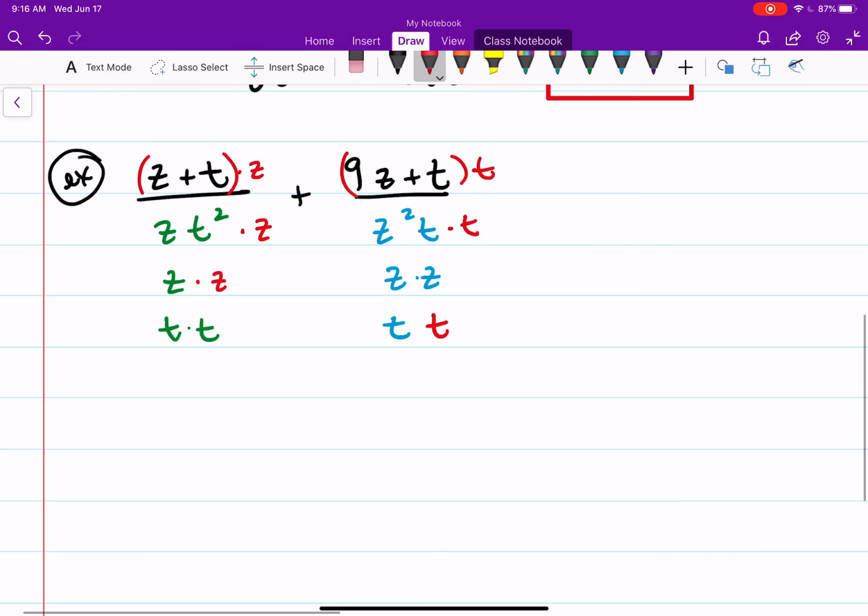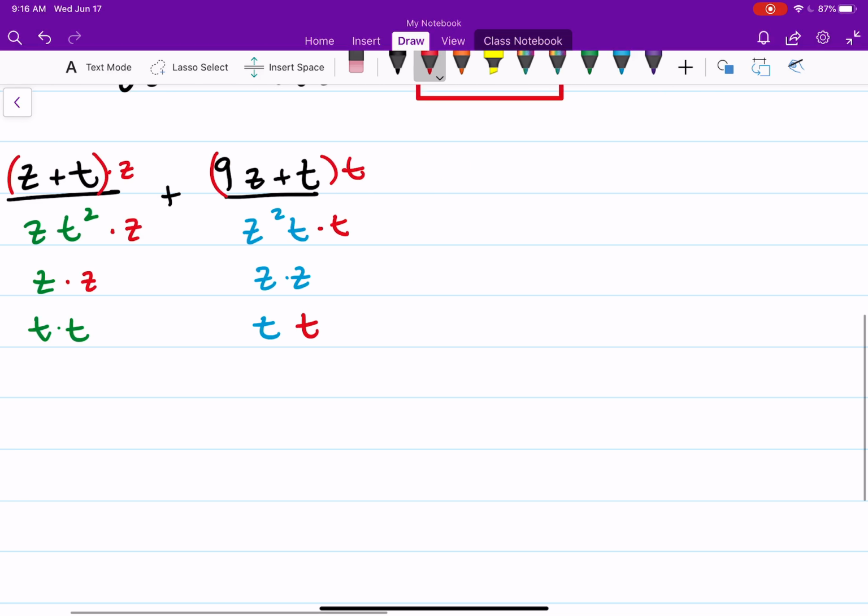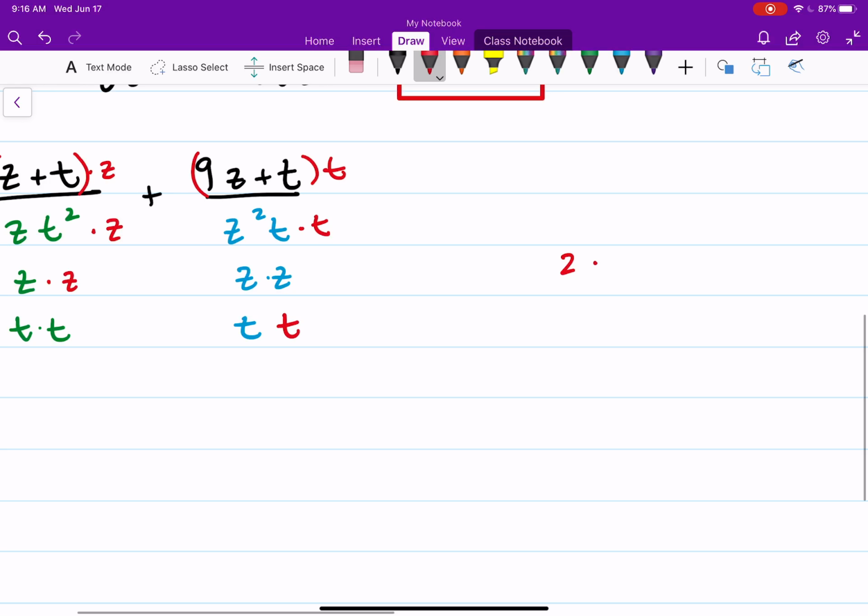The reason I put the parentheses around is because the binomial z plus t is actually a number. If I said 2 times 32, I would do 2 times 32. I wouldn't do 2 times 3 and call this a 60 and then leave the 2 alone and not multiply that, because that's not true.